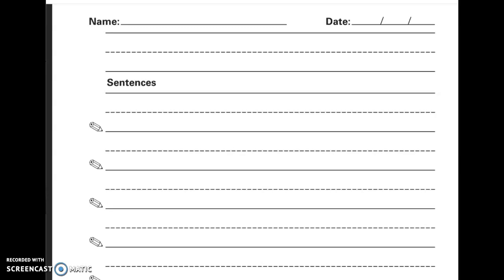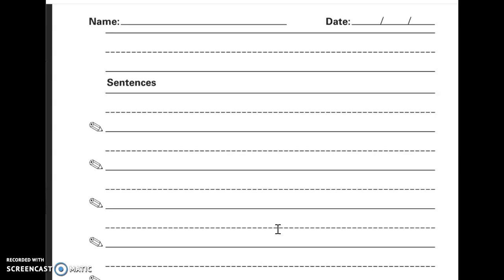So I'm going to say a sentence, which is, the red hen is a pet. So you should have 6 dashes. Now I'm going to say this sentence, and there's going to be one word on each dash.